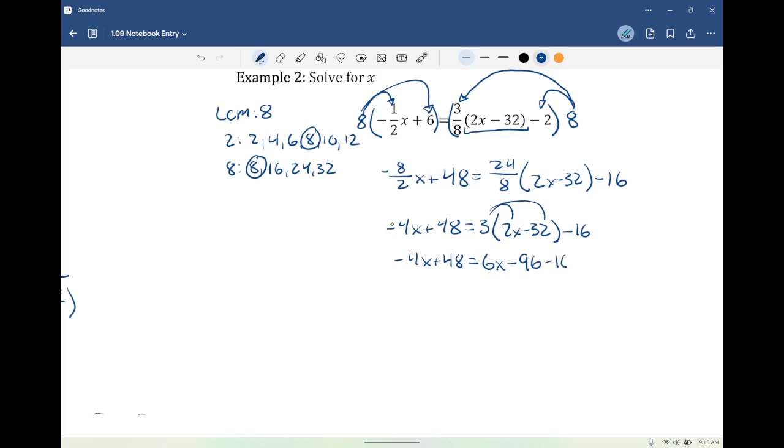And then minus 16. Negative 4x plus 48. I haven't done anything with the left-hand side since simplifying that fraction, because I just have to clean up the right-hand side. Is equal to 6x. Negative 96 minus 16 is negative 112.